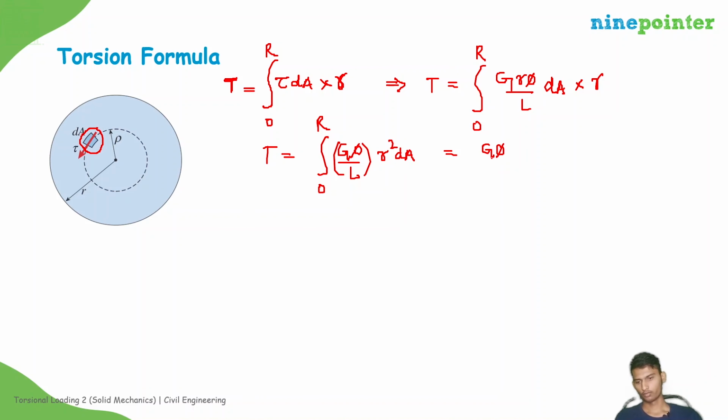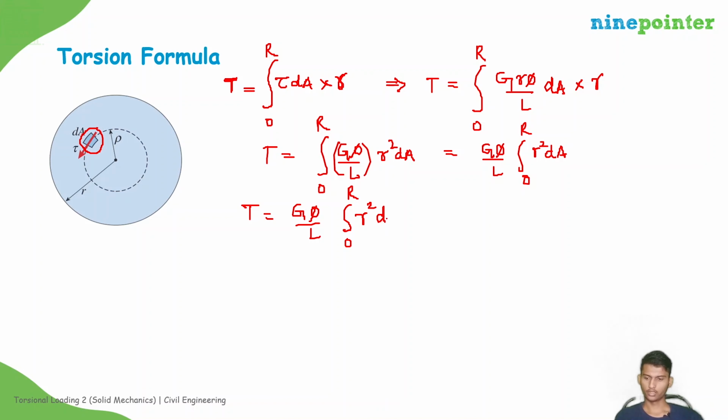So T will be equal to G phi by L integral 0 to R of r square dA, right?